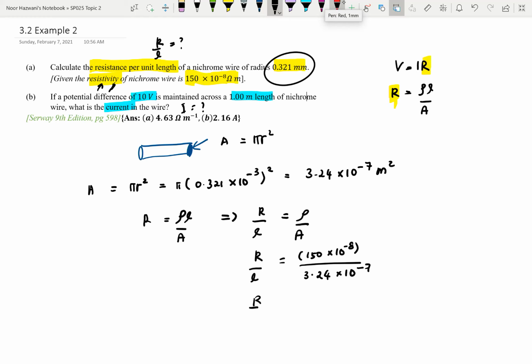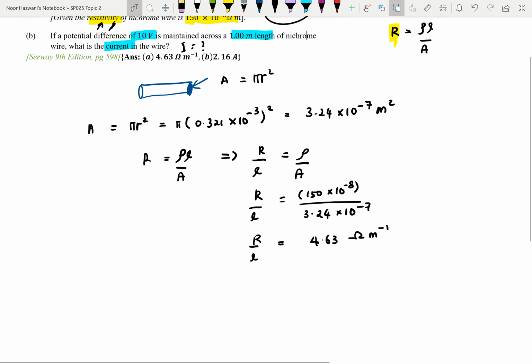Don't be lazy, press your calculator, and then you will get 4.63 ohms per meter. Okay, so done for part A.